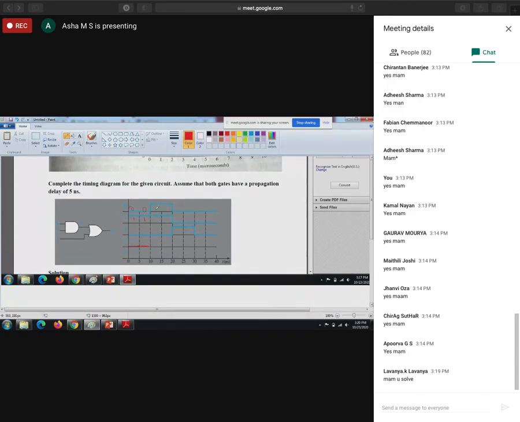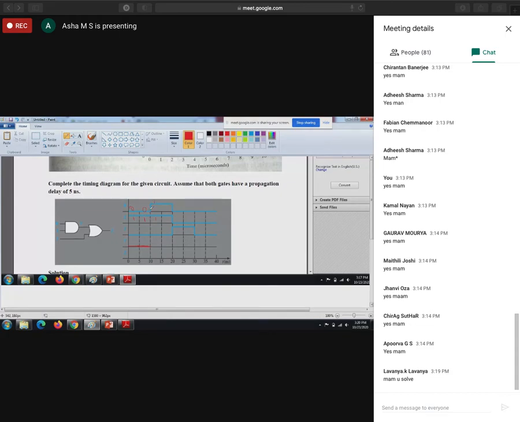Now you see, at time 10 nanoseconds, W is changed from 0 to 1. Now W is 1, X is 1. When both the inputs are 1, the output will be 1. But at 10 only, V is not going to change.